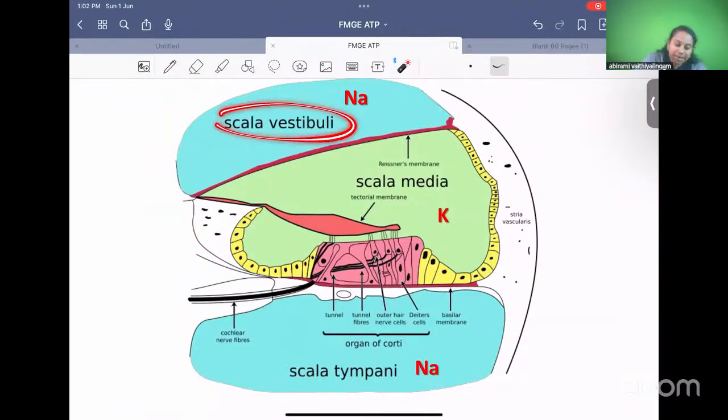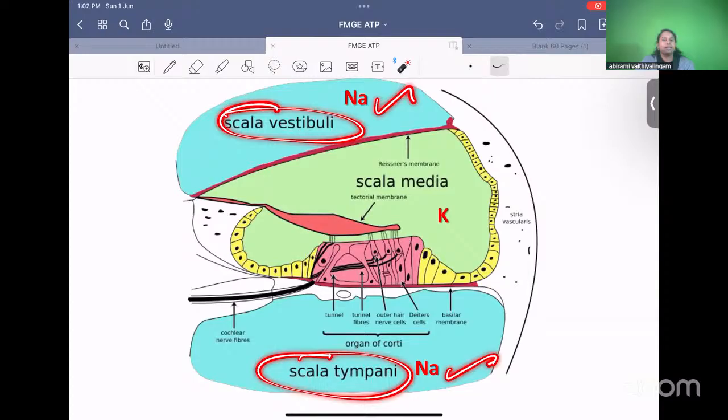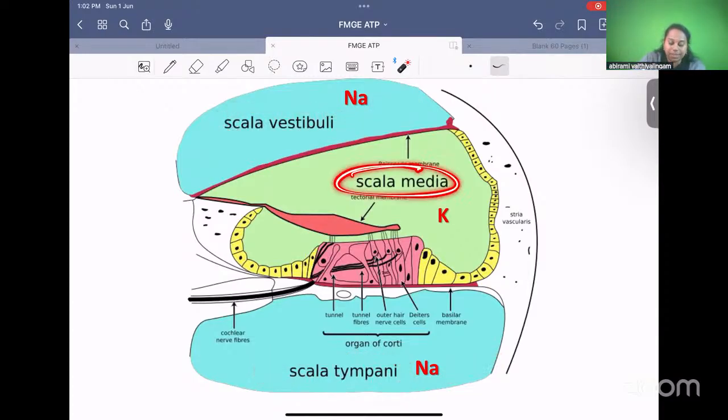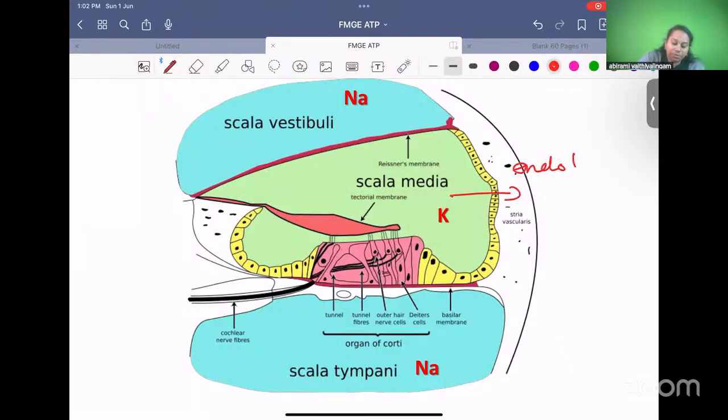The top scala vestibuli and bottom scala tympani are both rich in sodium, and the fluid in them is called perilymph. The middle scala media is rich in potassium and this is called endolymph. This is important for us because the potentials developed in the endolymph are called endocochlear potentials. Remember, scala media is rich in potassium.